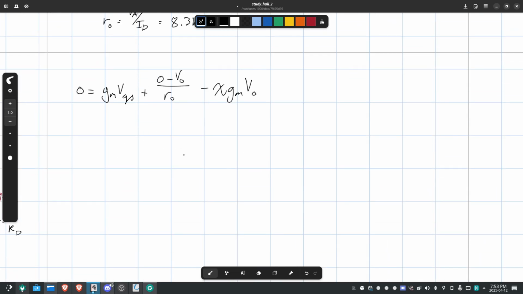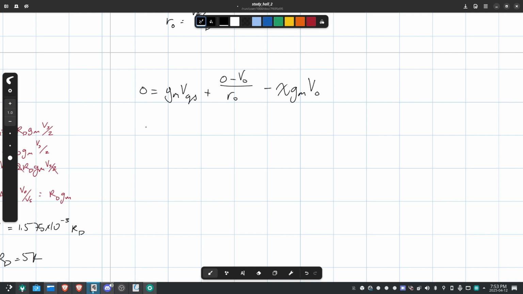Now call me crazy, guys, but we can solve for VO. So let's move this to the other side. We have GM VGS is equal to 1 over RO plus X GM times VO. We can then move that to the other side. So GM VGS over 1 over RO plus X GM is equal to VO.